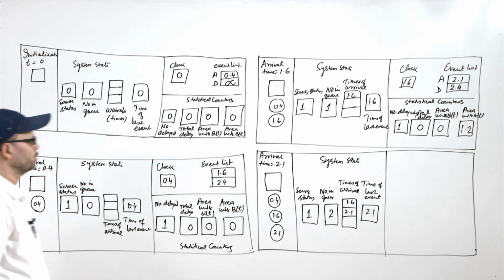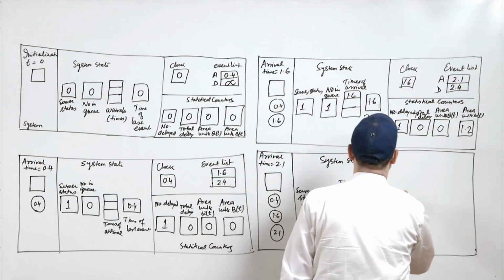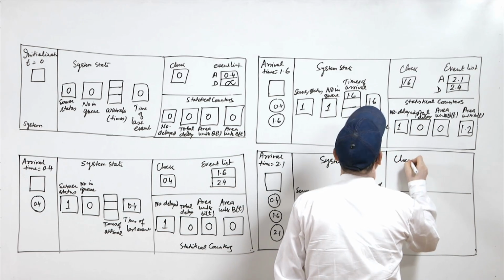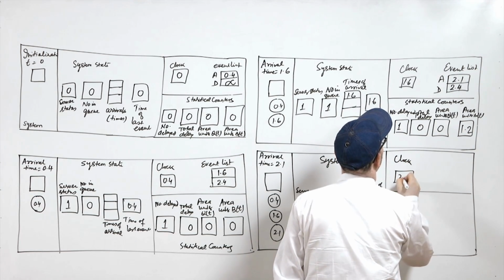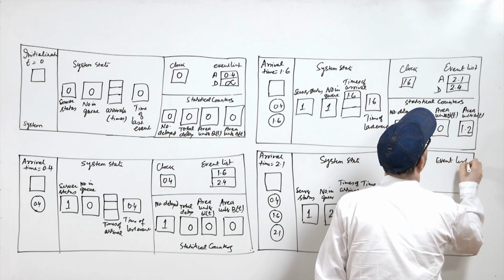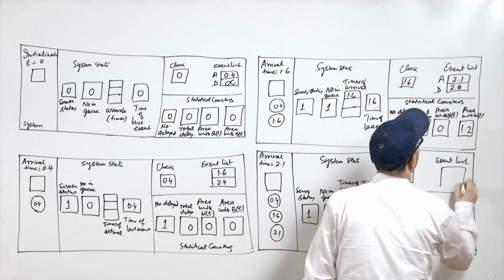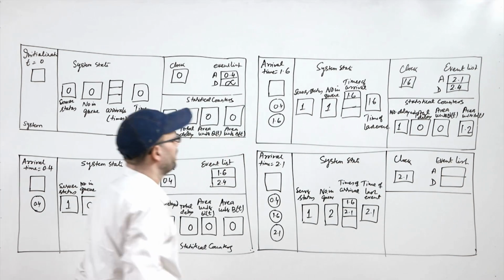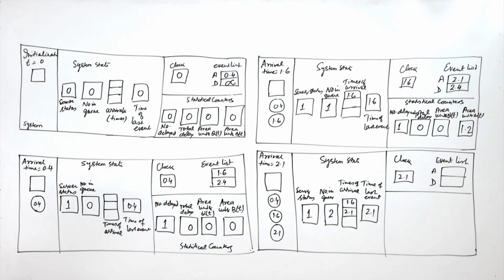Now, we will move to the clock. The clock is at time 2.1, and from the event list we will see arrival and departure. The last case was the arrival. So, the next arrival is at what time?